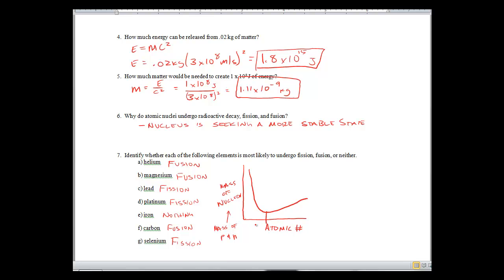We have iron right here. This is a stable spot. What this tells us is that the mass of protons and neutrons changes in different elements. It's a crazy thing. What that means is that in hydrogen and helium, way up here, the mass per nucleon is bigger than it is for iron. So the mass of a proton in hydrogen is more than the mass of a proton in iron.